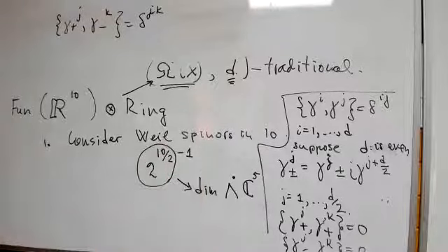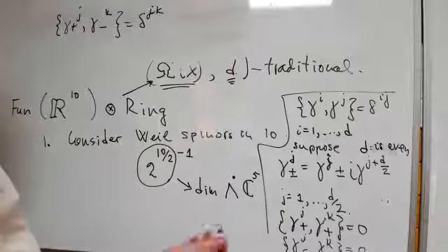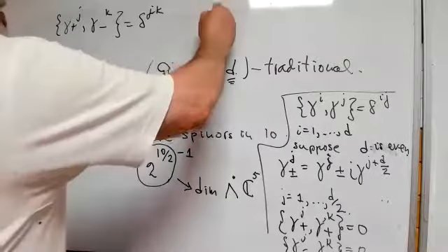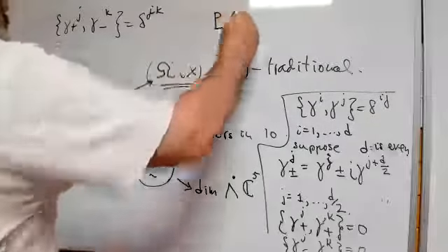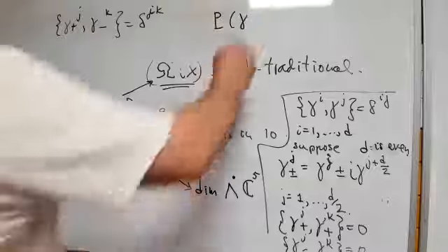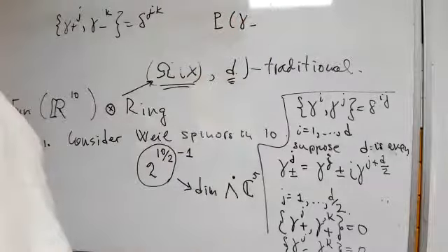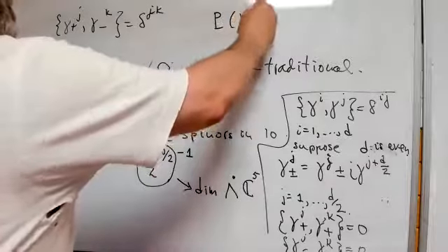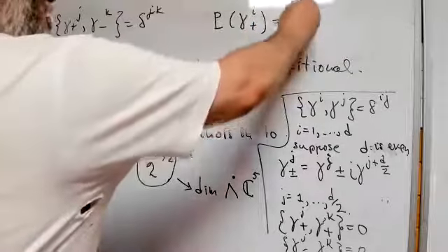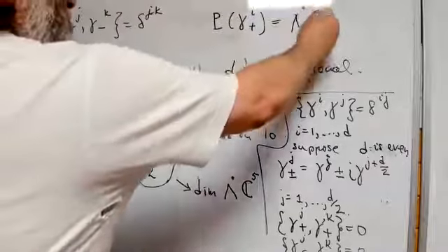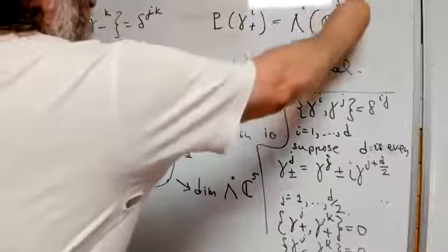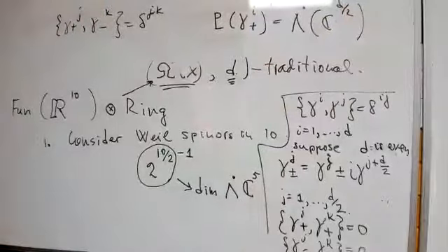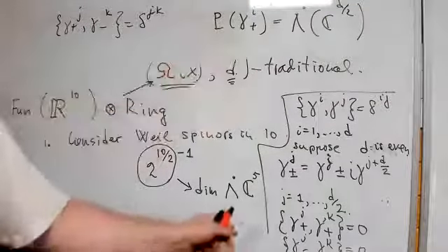Now we consider polynomials of gamma minus, acting on gamma pluses. They form the exterior algebra of C to the D over 2, because these are anti-commuting.